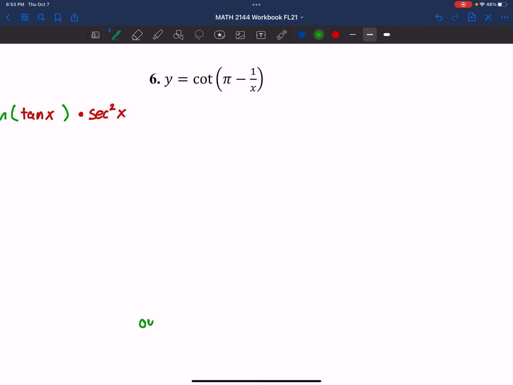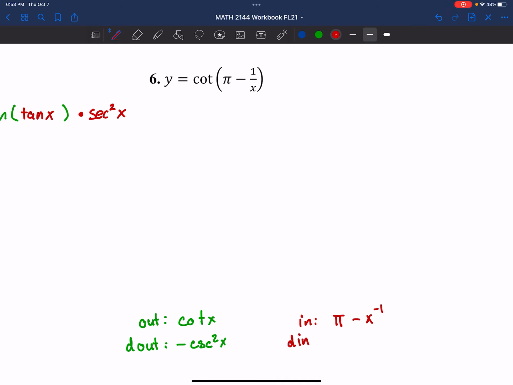Our outer function here is going to be the cotangent function, and the derivative of the outer function is going to be minus cosecant squared of x. The inner function is going to be pi minus x to the minus 1, doing a quick little adjustment so I can more readily apply the power rule.